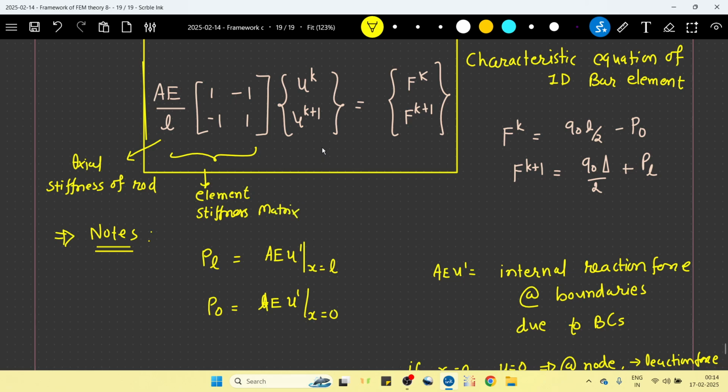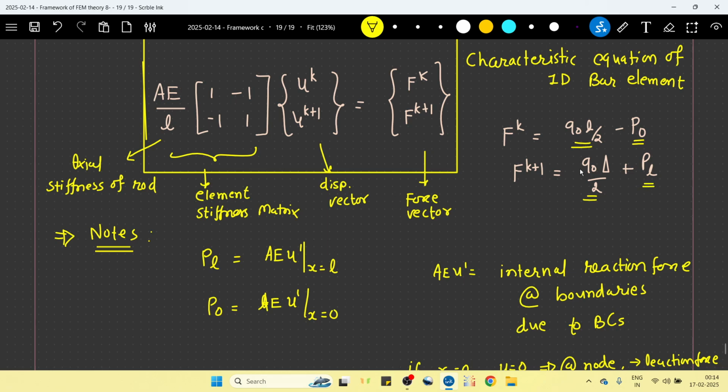This is a displacement vector. This one is the force vector. Force vector is nothing but external force, whichever we are applying, plus internal reaction force due to boundary conditions.